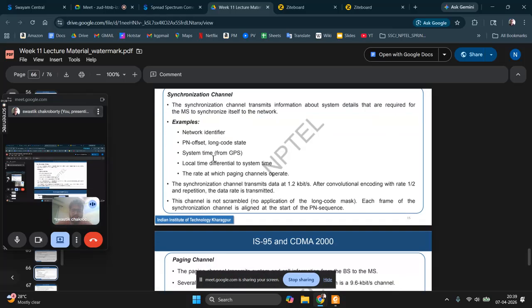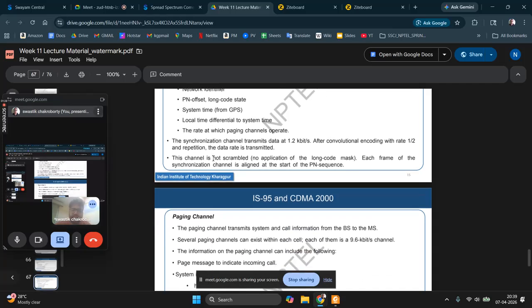Now next is the synchronization channel. The synchronization channel transmits information about system details that are required for the mobile station to synchronize itself to the network. That is basically the network identifier, the offset, the system time, the local time. These are all needed for the user to synchronize with the data.